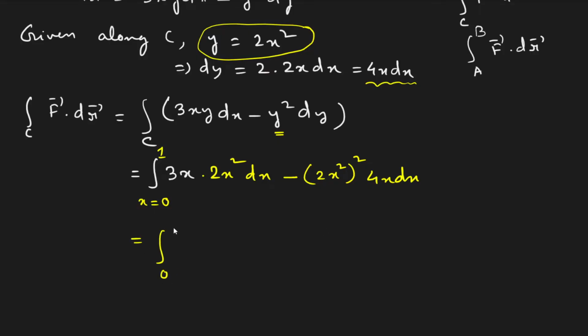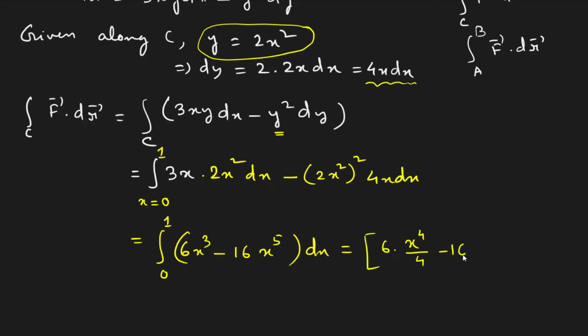Integration 0 to 1, it will be 6x cube minus 16x to the power 5 dx. Okay, so 6 into x to the power 4 by 4, then x to the power 6 by 6, between the limit 0 to 1.